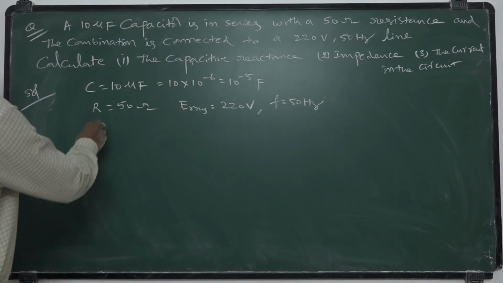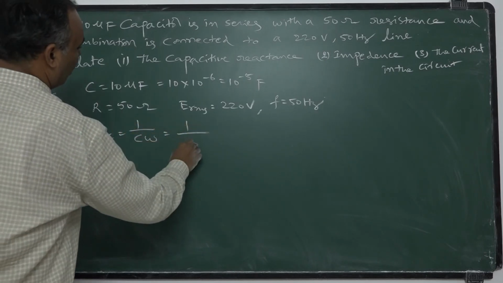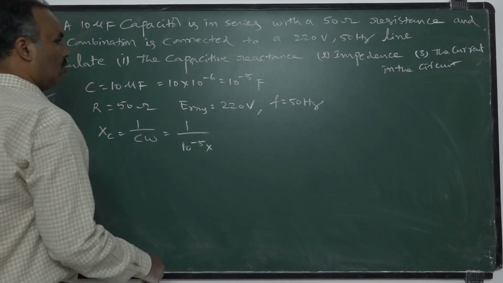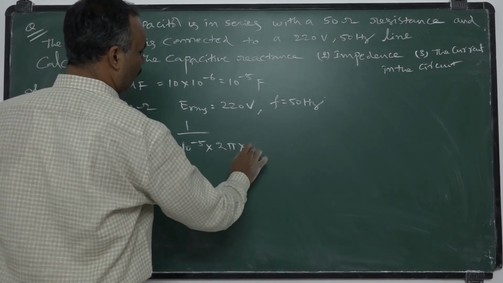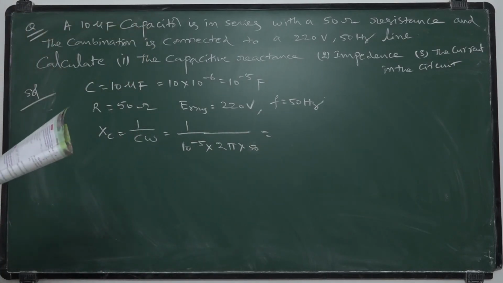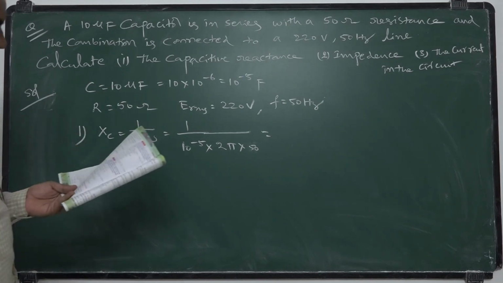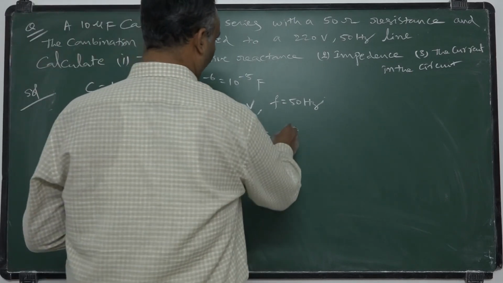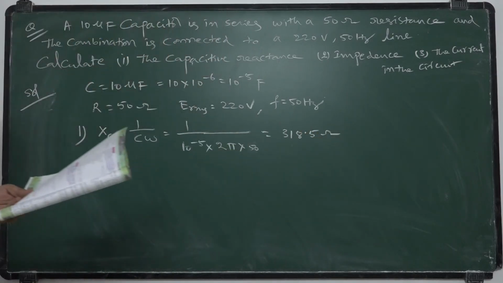Now capacitive reactance is 1 by C omega, that is 1 by 10 power minus 5 into omega is 2 pi F, F is 50. This is the capacitive reactance, nothing but the solution for the first question, and whose value, if you simplify, you will get some 318.5 ohms.